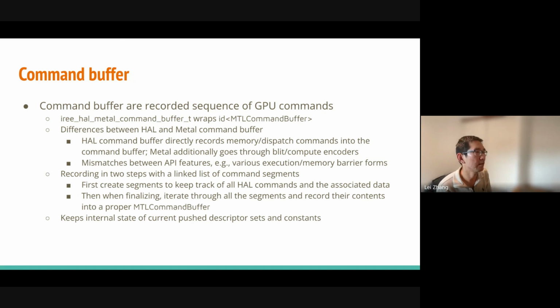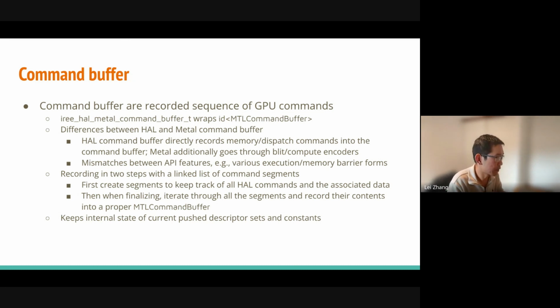You need to create a blit encoder, which is for memory DMA operations, and compute encoders to encode commands into the command buffer. These split encoders can only encode commands of their category, meaning you cannot encode a compute dispatch in a blit encoder, and vice versa. So you need to continually switch between the blit and the compute encoder if you are doing this kind of hybrid encoding style. This matches.